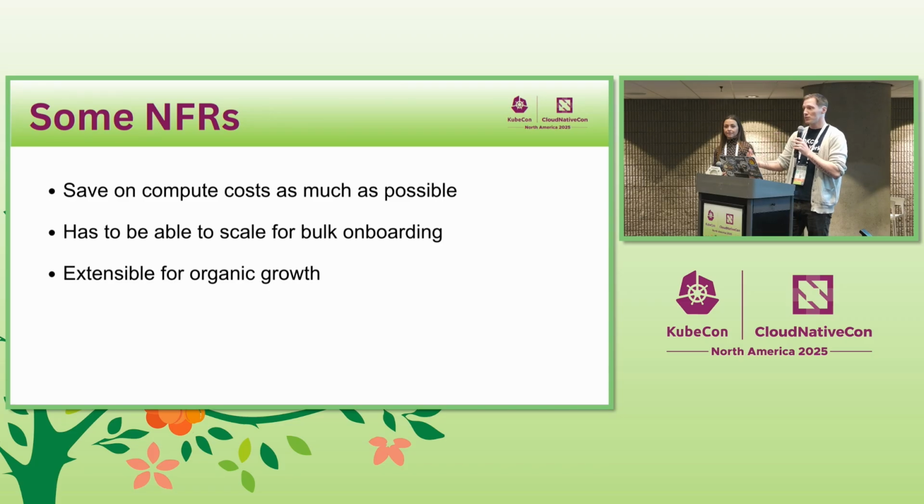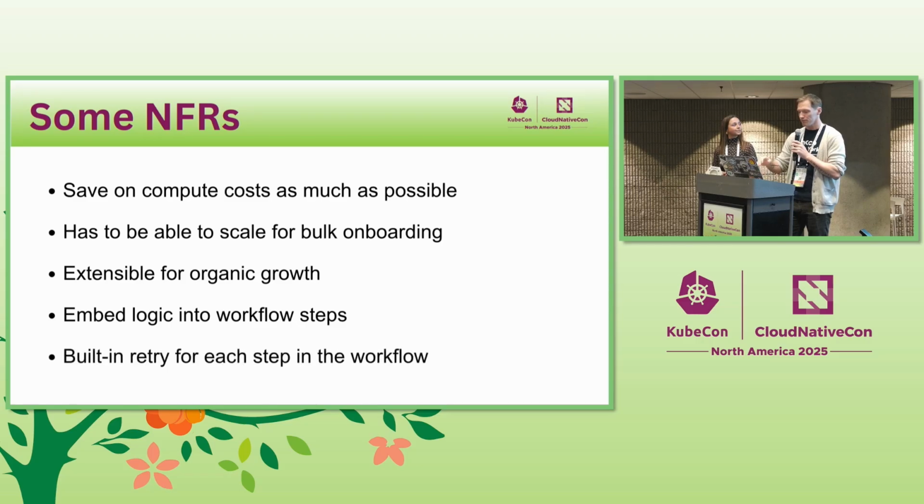It has to be extensible for organic growth. And on top of that, we need to be able to embed logic into our workflow steps, and we've seen examples of that so far. Finally, built-in retry for each step in the workflow. We don't want the workflow to just fail if one of the steps collapses. We want retries built in.